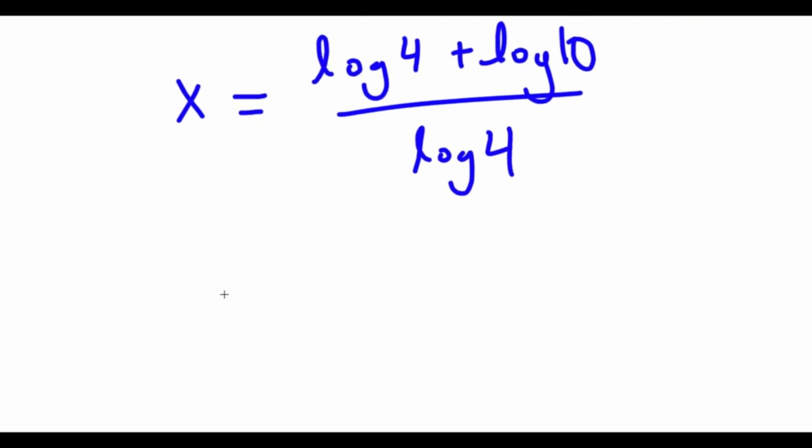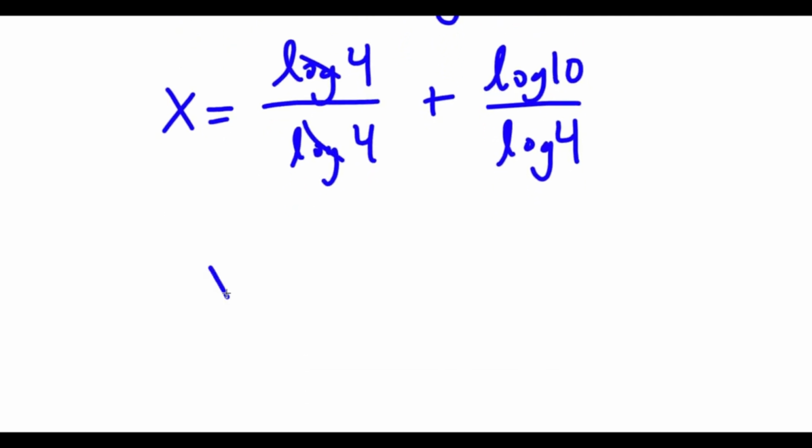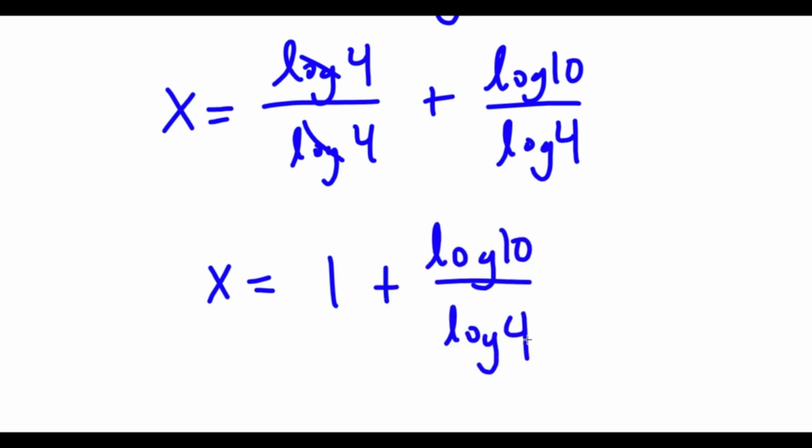Now log 4 plus log 10 over log 4, this is the same thing as log 4 over log 4 plus log 10 over log 4. And log 4 and log 4, these two cancel out, so now I have x is equal to 1 plus log 10 over log 4.